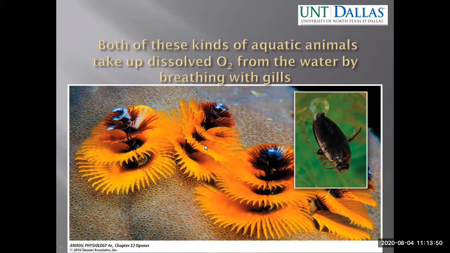As their blood flows through their gill tentacles, which act as the gills, oxygen enters the blood from the environmental water by passive diffusion, provided conditions are favorable for passive transport in that direction. Then the circulation of the blood delivers the oxygen to all cells. This is how oxygen moves from the water, by breathing with gills, to the different cells.